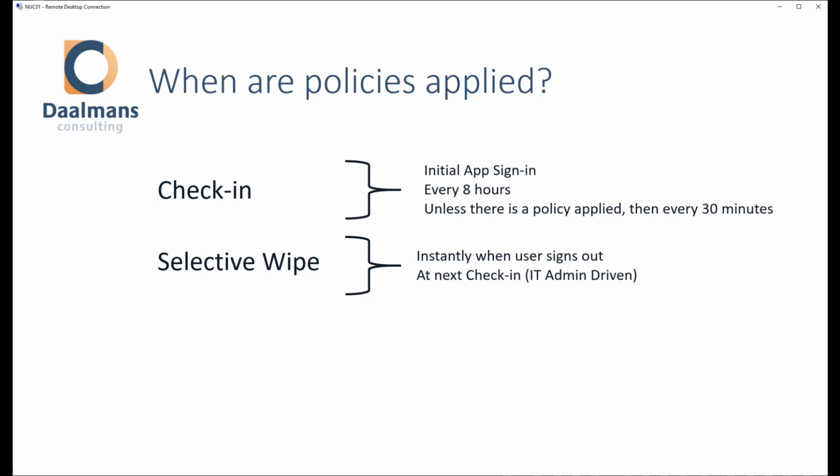So when are those policies applied? Normally this is done at check-in when somebody signs in with the app, or otherwise every 8 hours. And then, unless another policy is applied, every 30 minutes. A selective wipe is done instantly when the user signs out or at the next check-in.